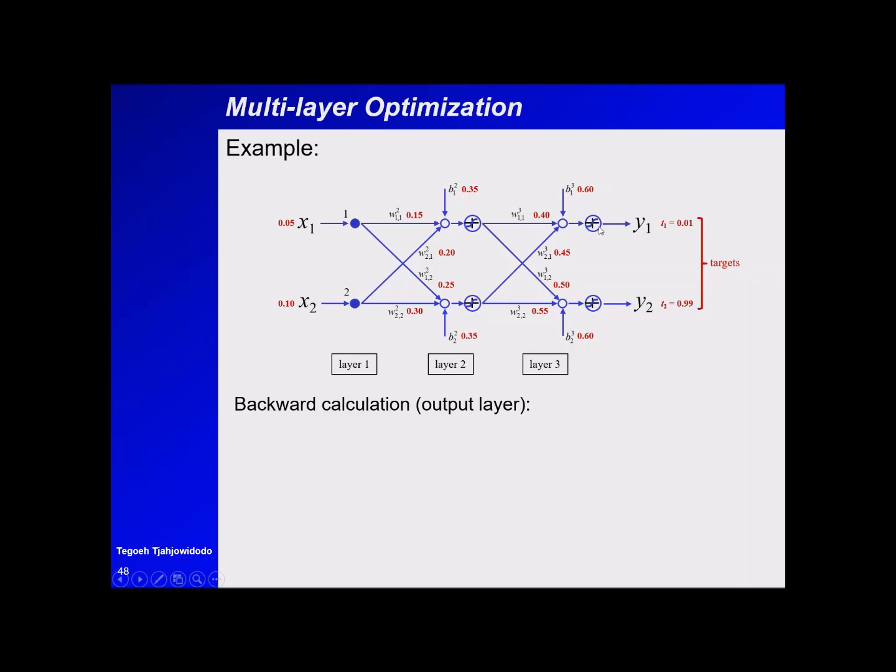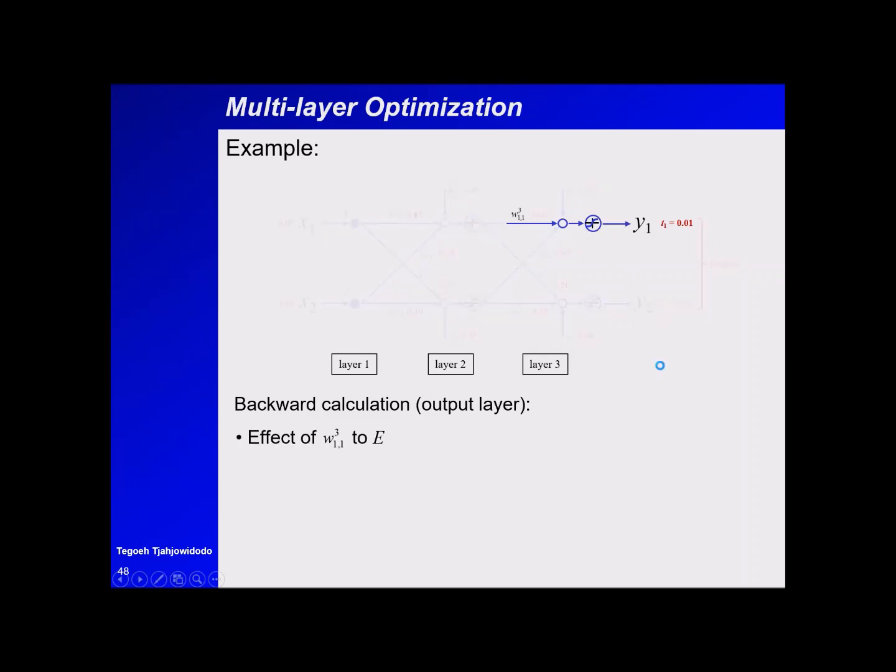W113 only contributes to the first output. So in this case, this part is 0. W113 is not responsible for the error in the second output. So for this one, we just need to calculate the effect of W113 on the first error.